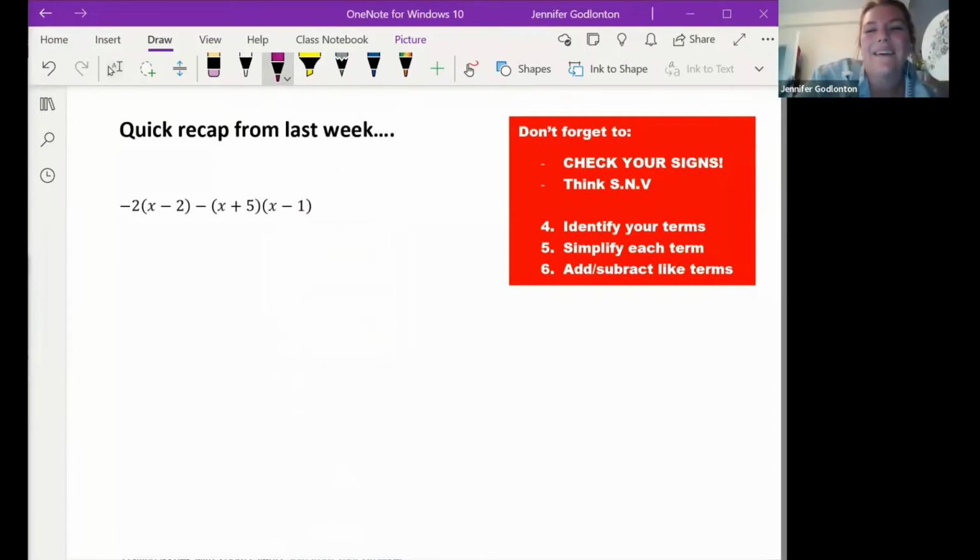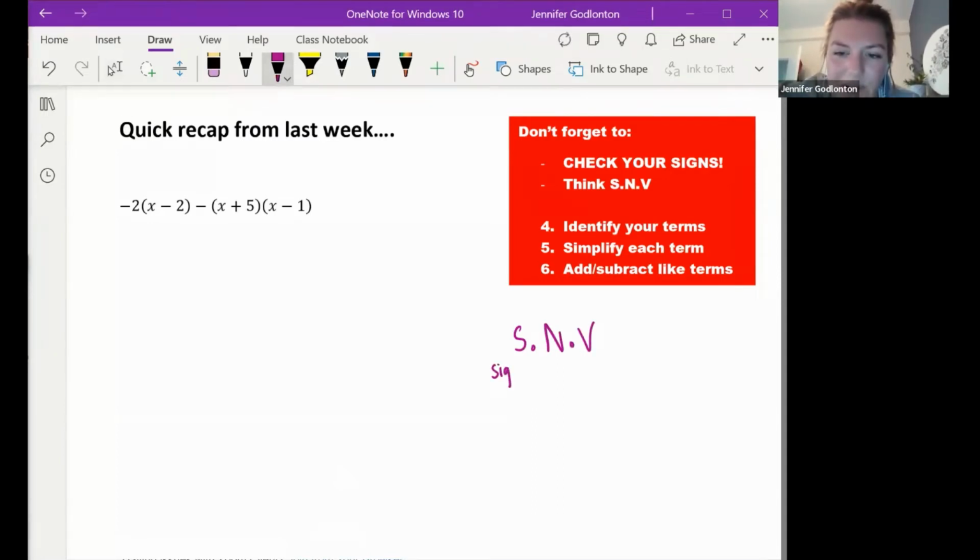I forgot what N is for. What is N? Numbers. Yes, there we go. Thank you, Jasmine. Okay, signs, numbers, variables. So don't forget your signs, numbers, variables. That is what's going to help us remember everything.